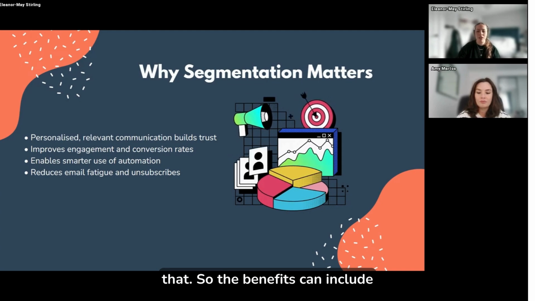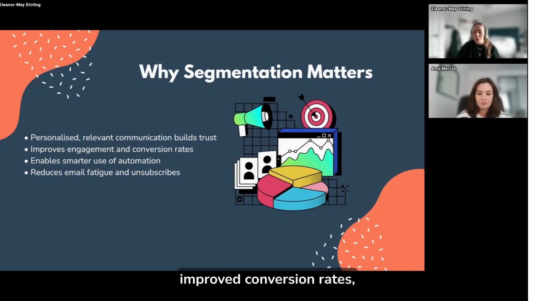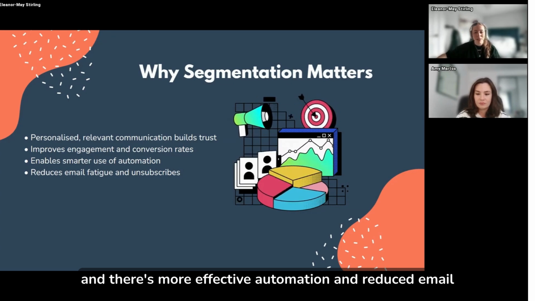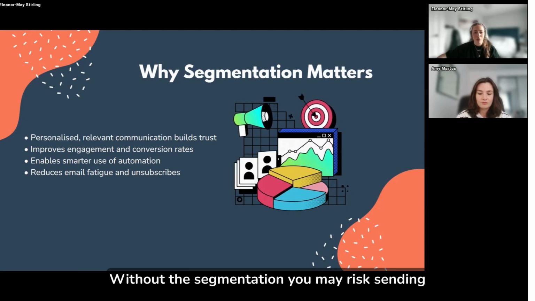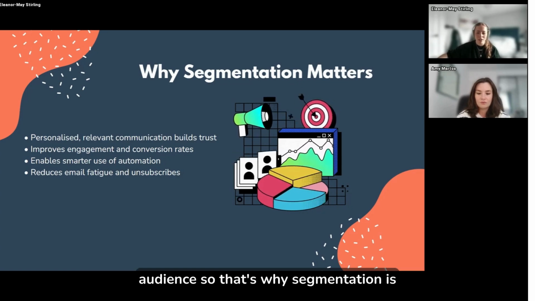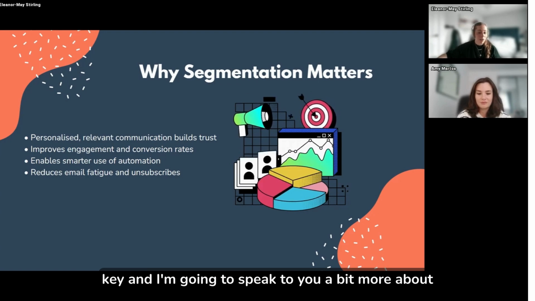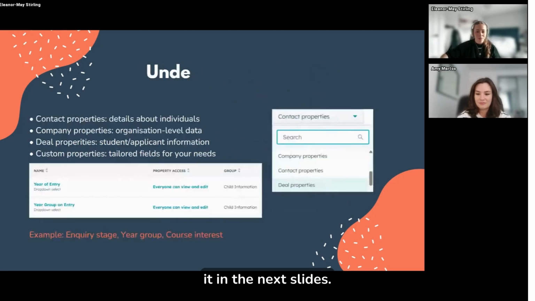The benefits can include better engagement, improved conversion rates, more effective automation, and reduced email fatigue and unsubscribes. Without segmentation, you may risk sending blanket emails that don't really resonate with your audience. So that's why segmentation is key. And I'm going to speak to you a bit more about it in the next slides.